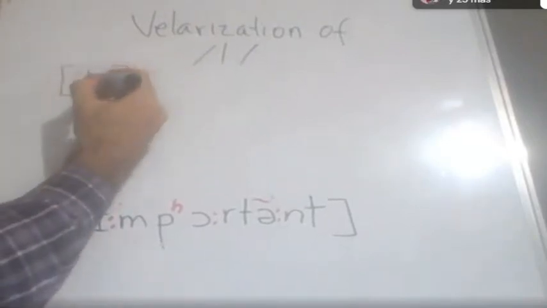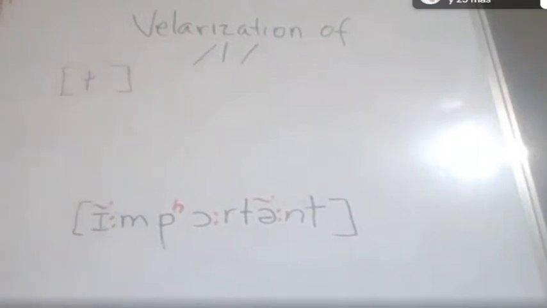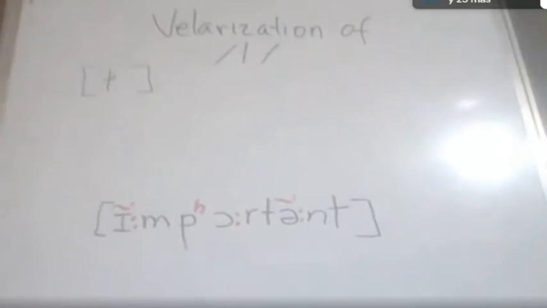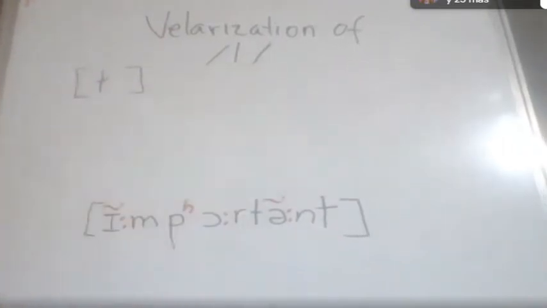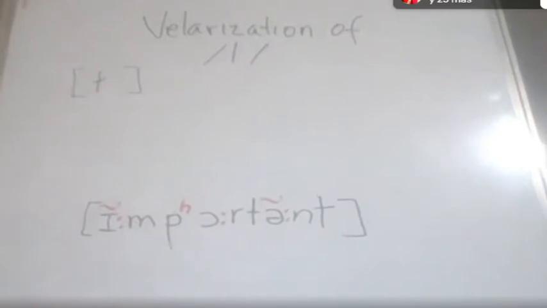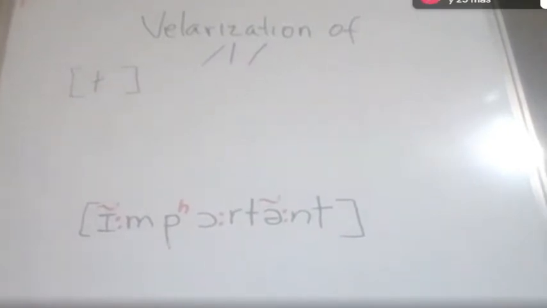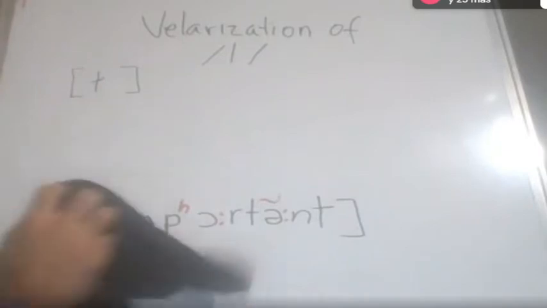And then in the middle of the L, we have a little wavy horizontal line right in the middle, okay? That is velarized L. So it happens in the following environments. I will write this example later to show you another thing that happens in this word.